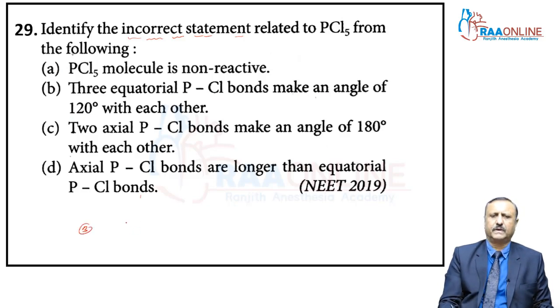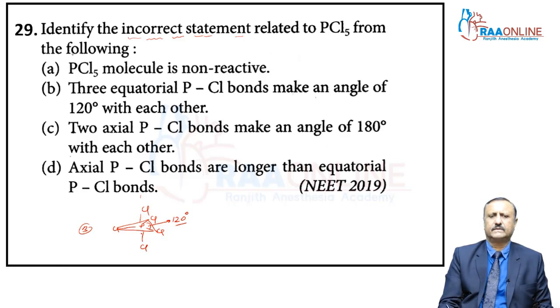Yes, because phosphorus is attached with these 3 Cl bonds, and these are called equatorial bonds, and these bonds are called axial bonds, and the angle, my dear students, is 120 degrees. So, these equatorial bonds are present at a 120 degree angle with each other.